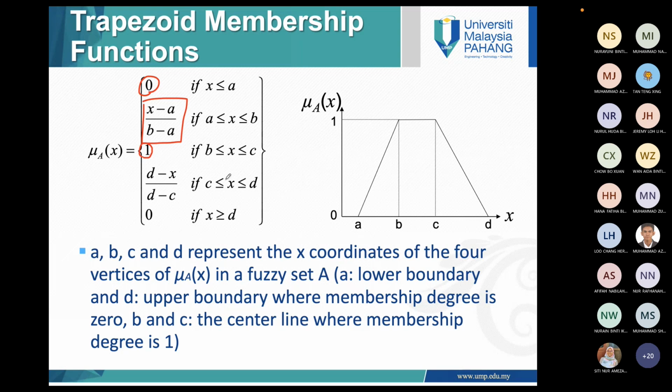If x is greater than C and less than D, you use this formula: D minus x over D minus C. And if x is greater than or equal to D, it will be 0. Okay, this is the value for A, B, C, and D. Don't get confused with these values. A and B is the rising slope, B and C is the flat graph, and then D.